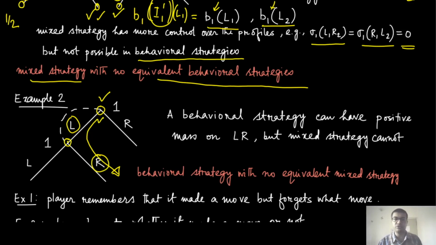Why? Because, what are the possible pure strategies here? Notice that this node here and this node are both in the same information set for player 1.